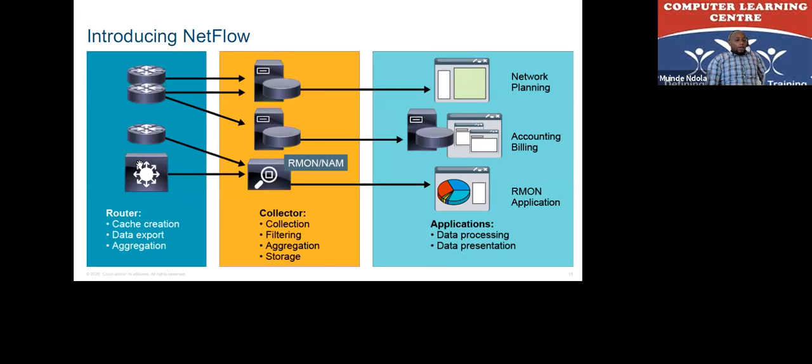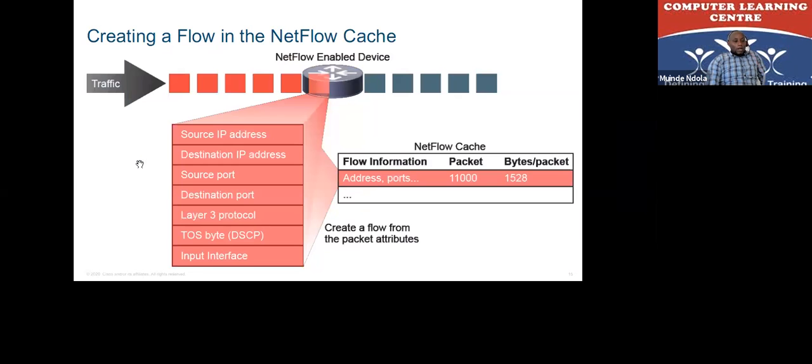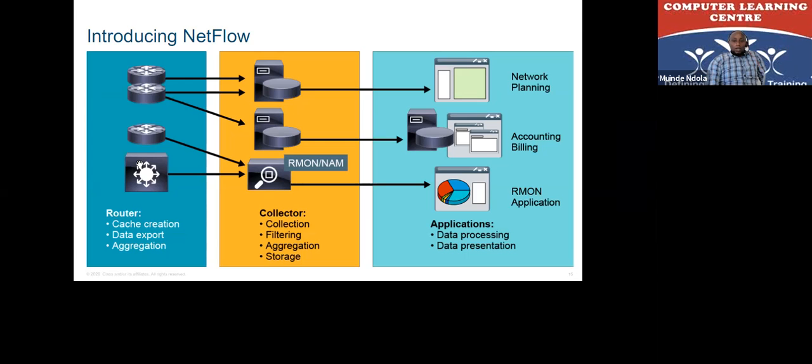Okay. Then we have another one that is called NetFlow. NetFlow is a collector where it collects all the information that you have, and it can help you. So NetFlow is more like a bill, because it's going to tell you how much traffic has passed through the interface, inbound and outbound. So it just helps you to see what is happening in your network from each IP.